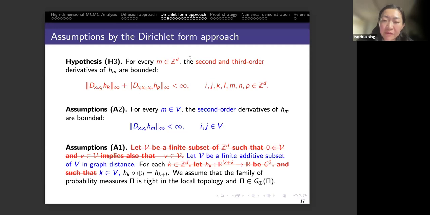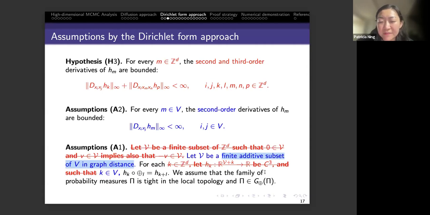Now after we talked about the regularity assumptions of the distribution function, let's take a look at the graph generalization I can achieve. They assumed V to be a finite subset of Z^D, and I consider this as a finite additive subset of V in the graph distance. Next, they assume hk to be C3.